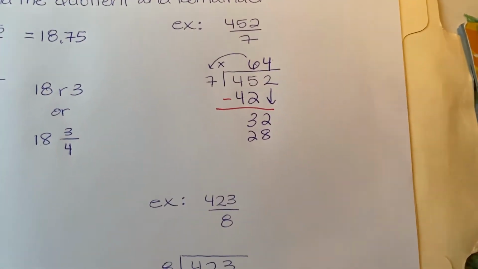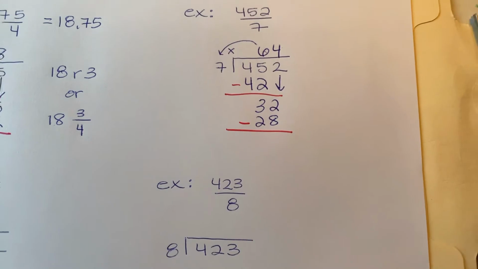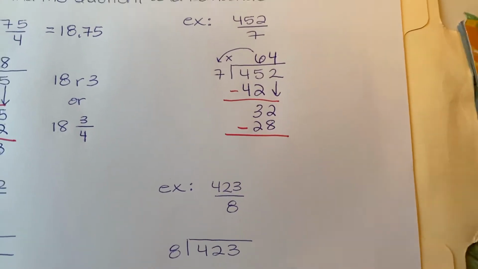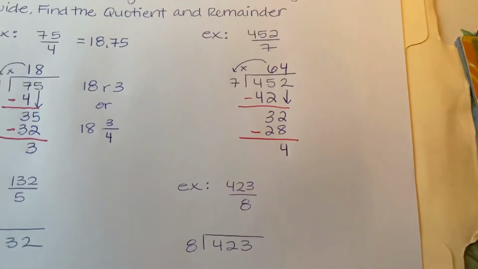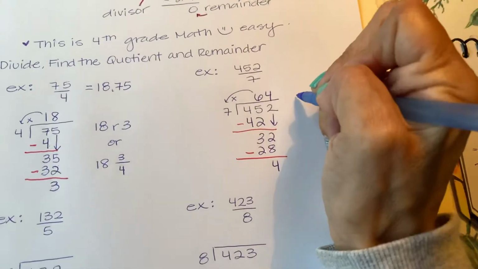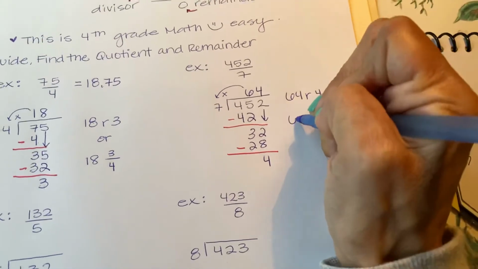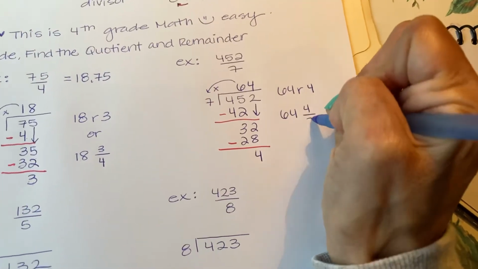And again, you're going to subtract. So what's 32 minus 28? 4. And that's your remainder. So your solution is 64, remainder 4, or 64 and 4/7.